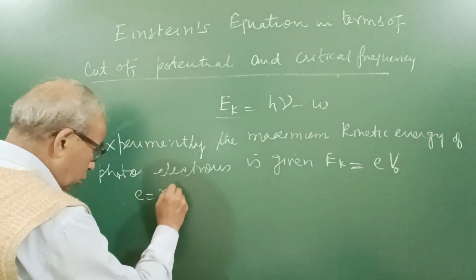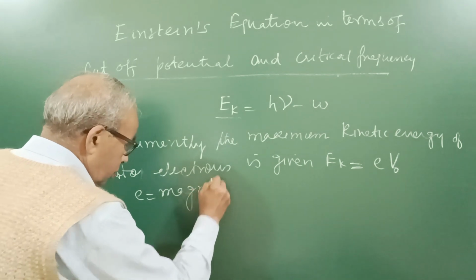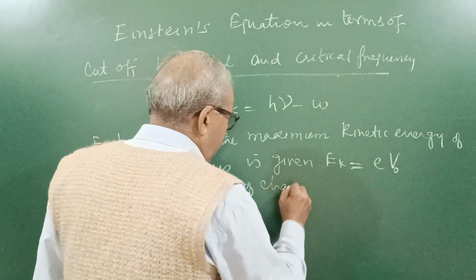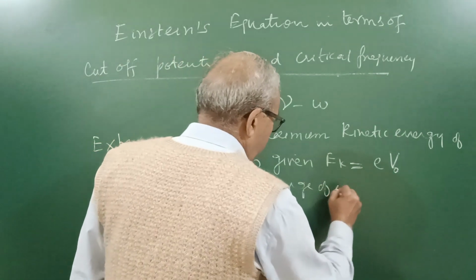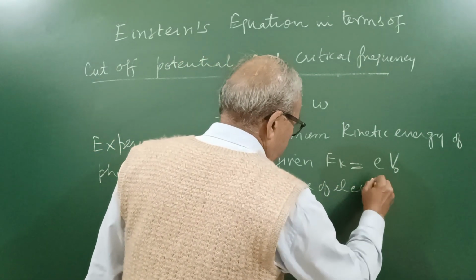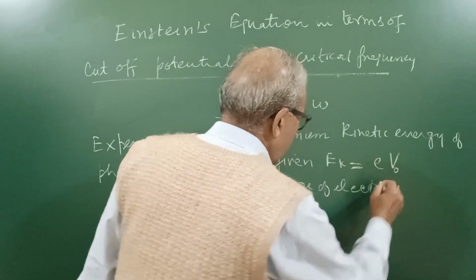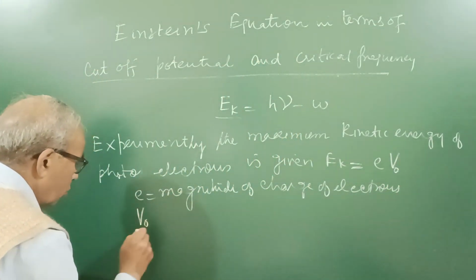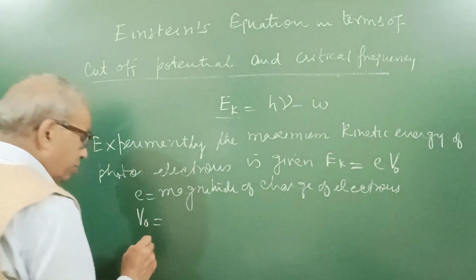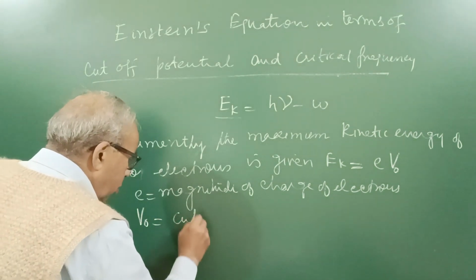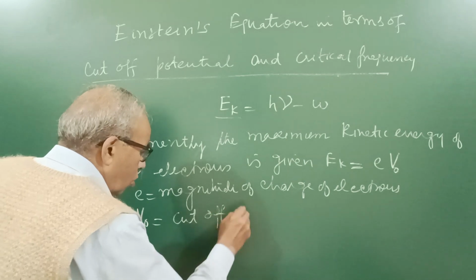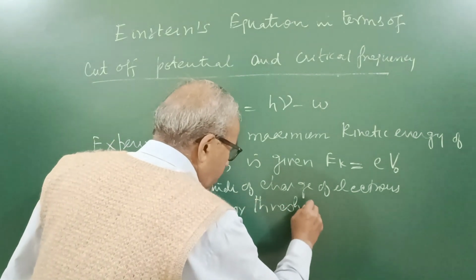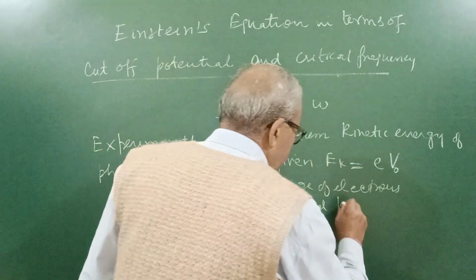E is equal to the magnitude of the charge of the electron, and V0 is the cutoff or threshold potential.